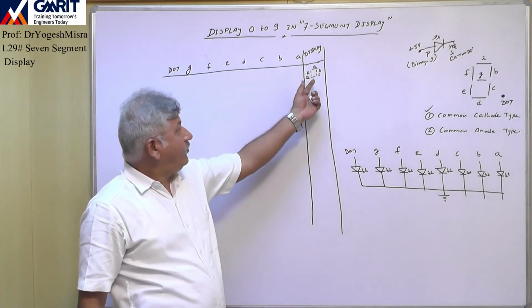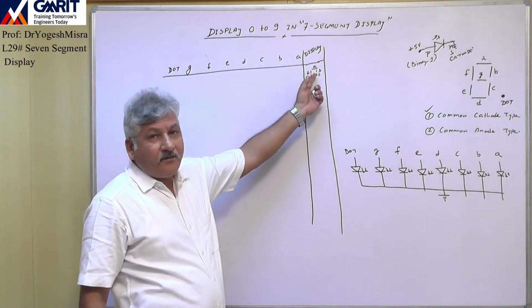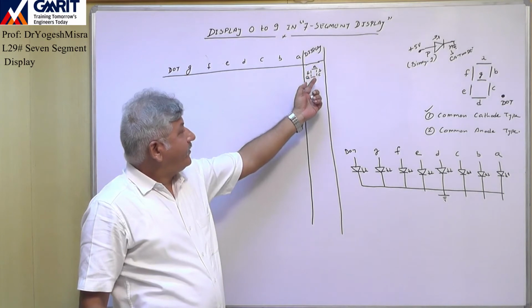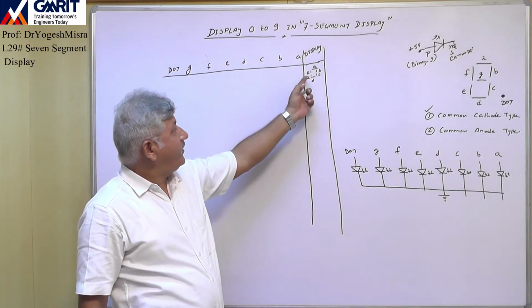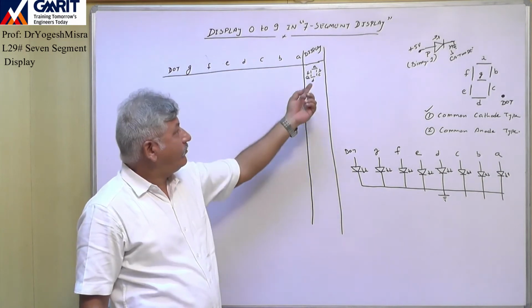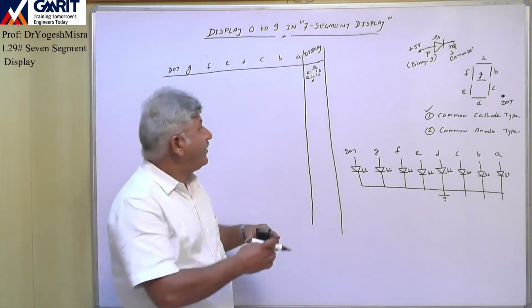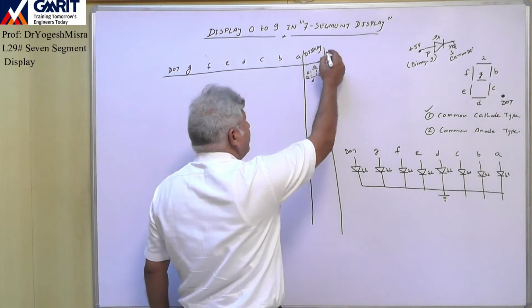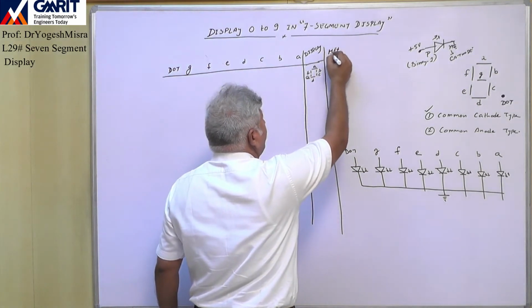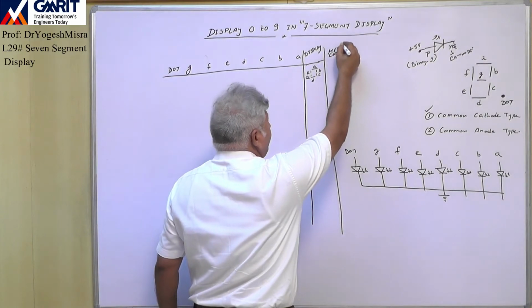To display 0, the G segment will remain off. So in that case, A, B, C, D, E, F, all these segments will emit light, and we can see 0. And to display this, what hex code is required, that we will write in this column.